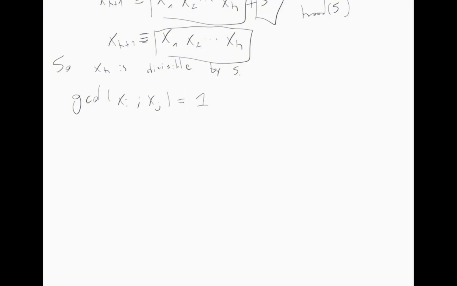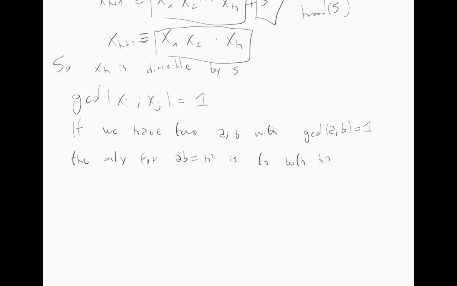Now, what we can also say is that if we have integers a and b with greatest common divisor equal to 1, the only way for ab to be equal to n squared is for both a and b to be perfect squares.